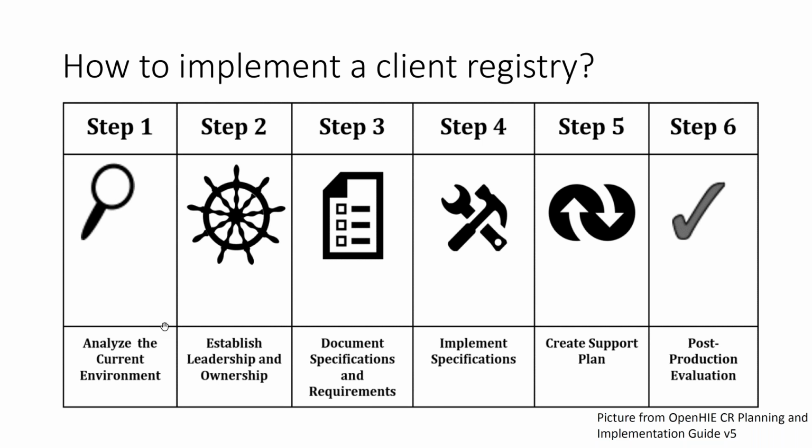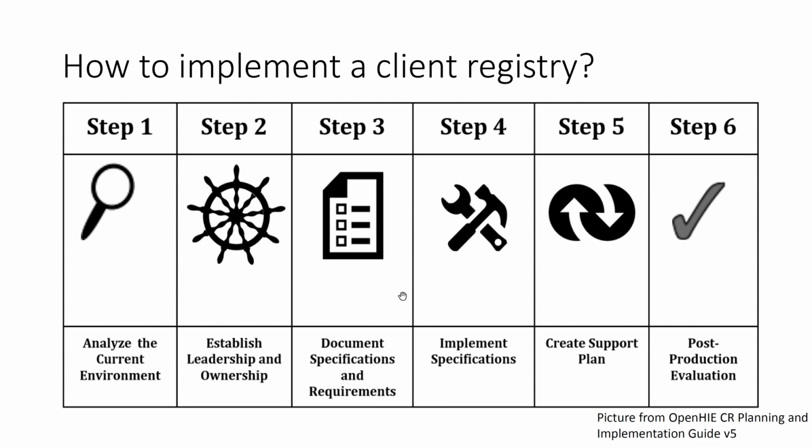So next would be step three, document specifications and requirements. Here we will specify what could be the workflows, okay? And then step four, of course, what we have defined in step three, the document specifications, we have to implement them.